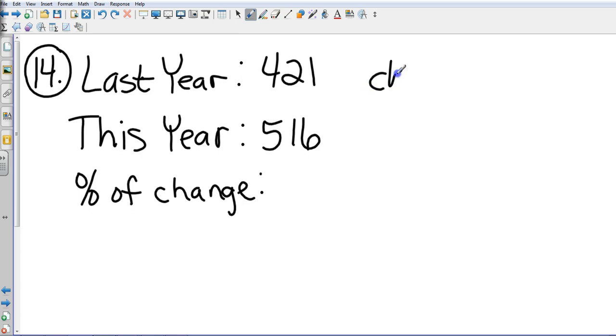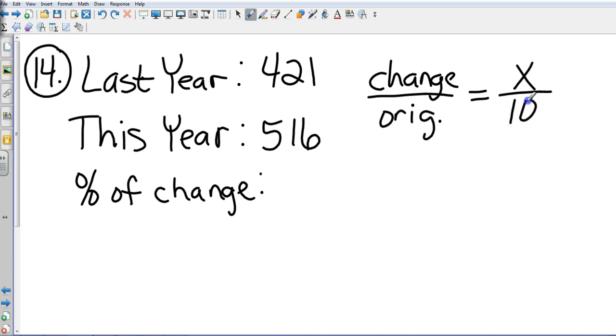Okay, change over original. Okay, keep going, Mason. You're on right now. One more step. Equals what? The percentage? How did I represent percentage? Something over 100. X over 100. Okay. Good job, Jake from State Farm. Well done.